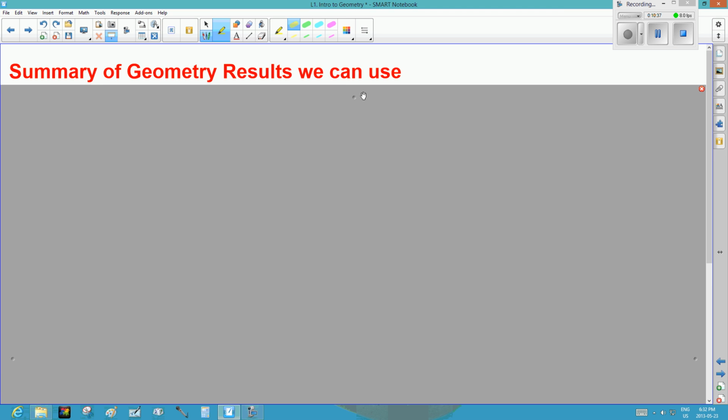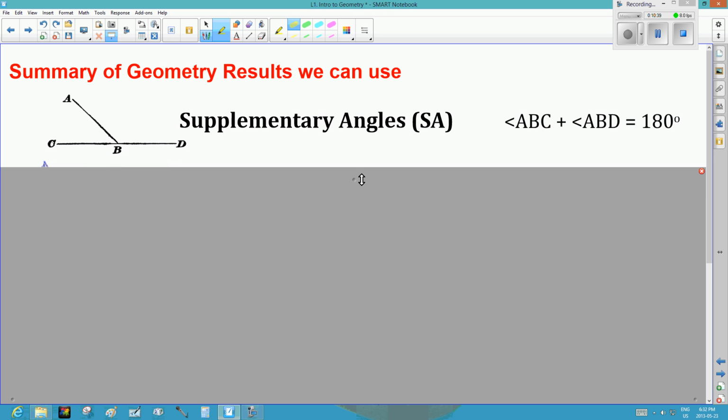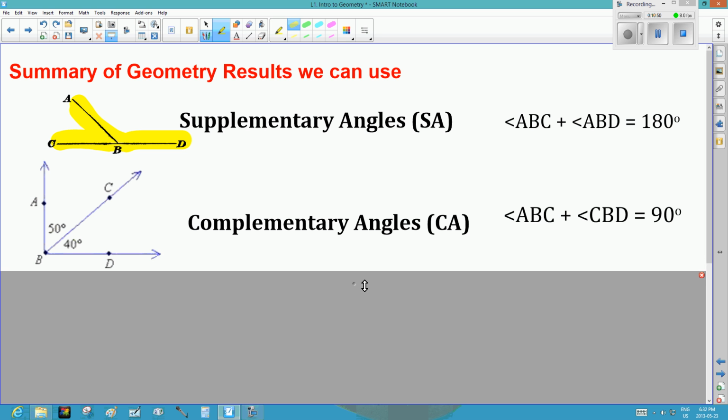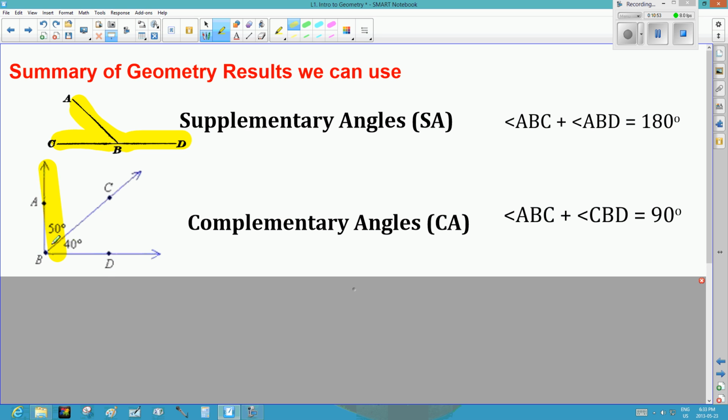As a summary, we have supplementary angles. These are two angles that add up to 180 degrees. We have complementary angles, two angles that add up to 90 degrees.